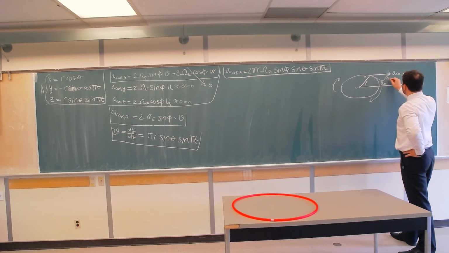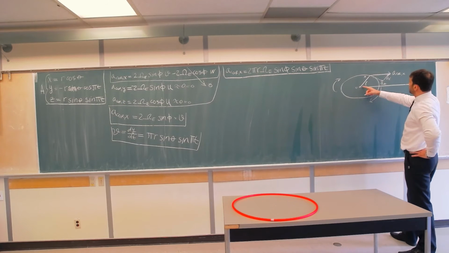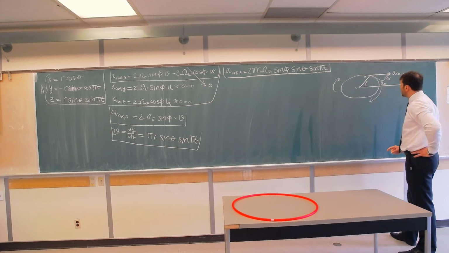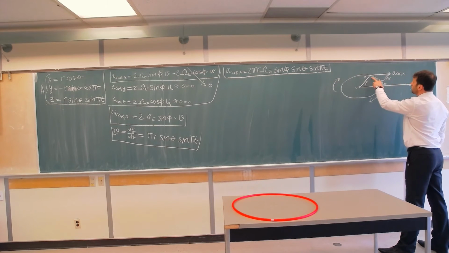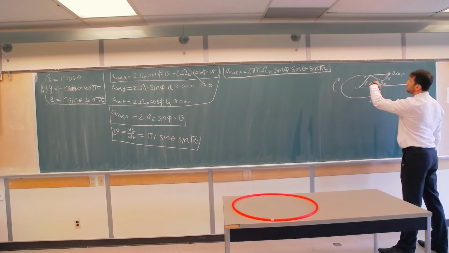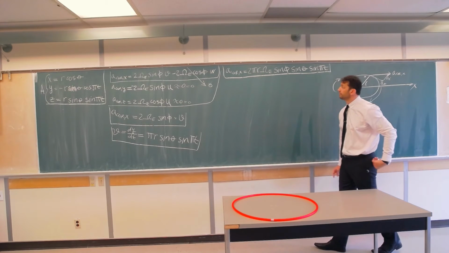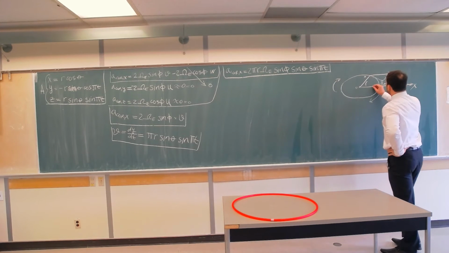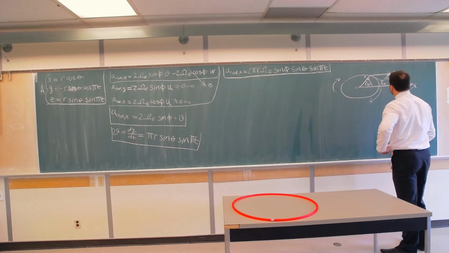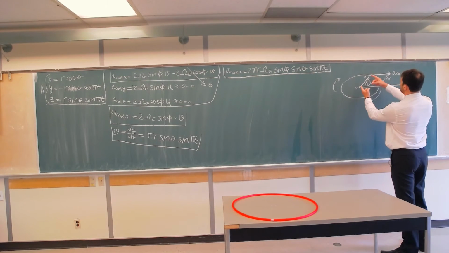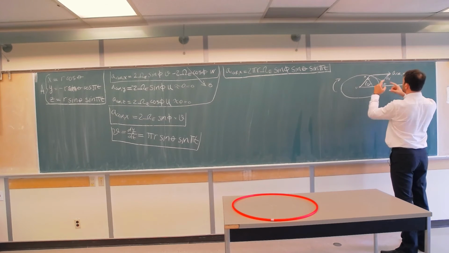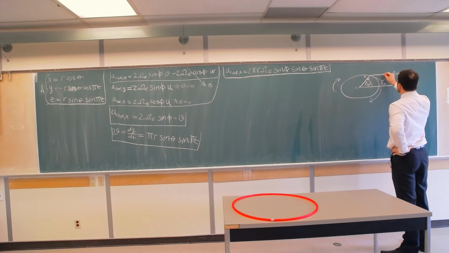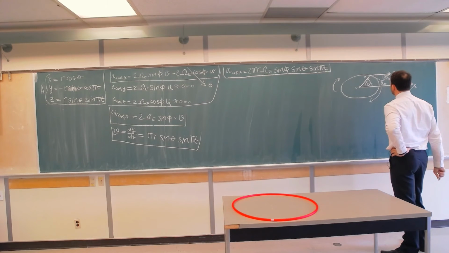So let's call this AR, radial component and azimuthal component. From this, I need the azimuthal component because that is the one that is driving water to go around. Well, this over here is angle theta. And now you have to recognize that these are parallel lines, which means this over here is also angle theta.